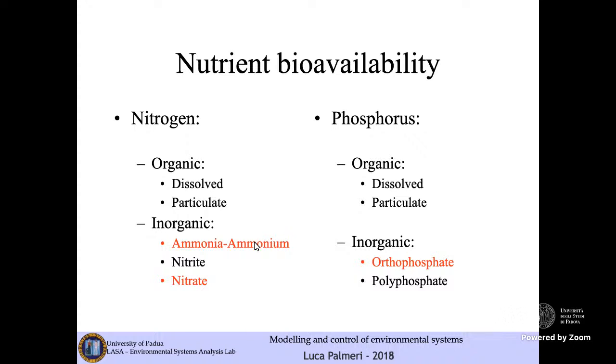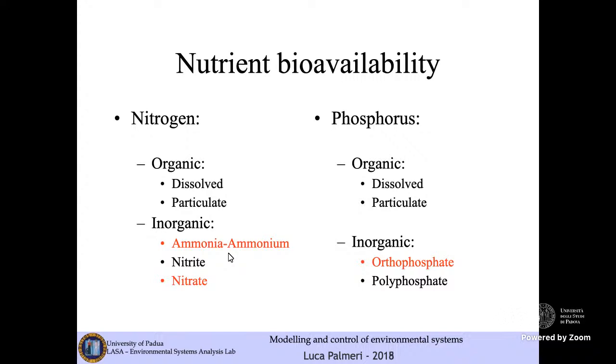I remind you that ammonia is NH3, while nitrate is NO3. So ammonia is much smaller than nitrate in terms of molecular dimension. This means that ammonia will pass more easily through the cell membrane.